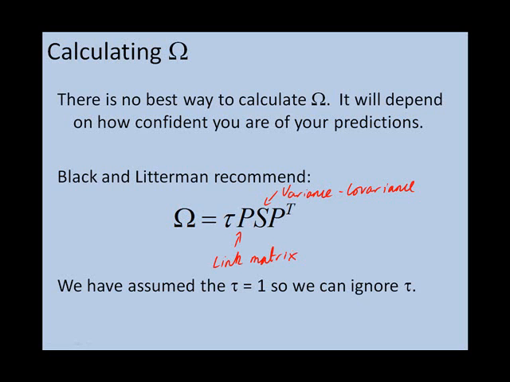We're going to assume that tau is equal to 1 and we can ignore tau. In practice, if you are more confident about certain views, you can go into the omega matrix and adjust the views accordingly. This is just the base level for omega.